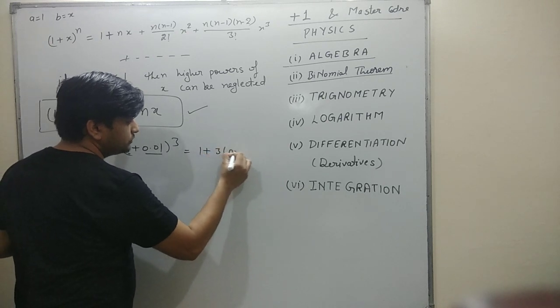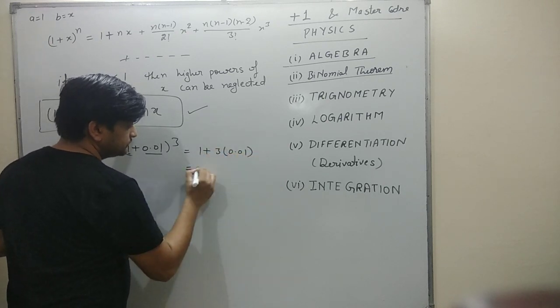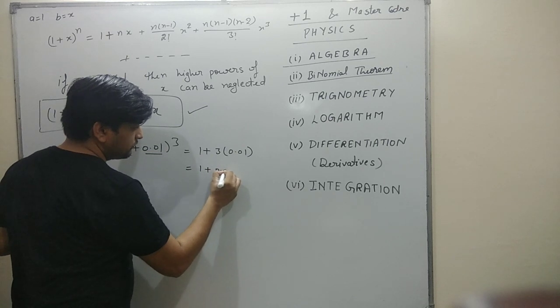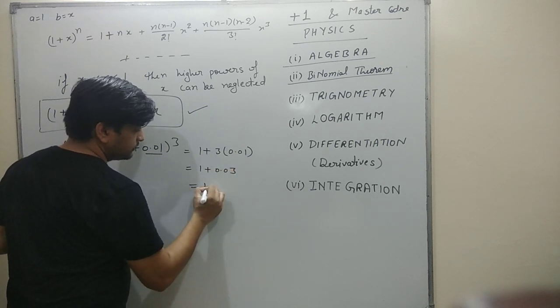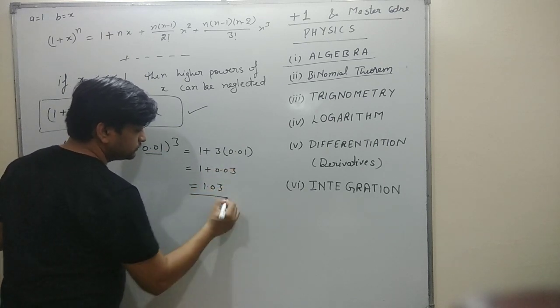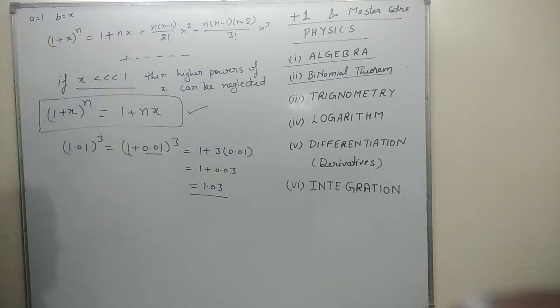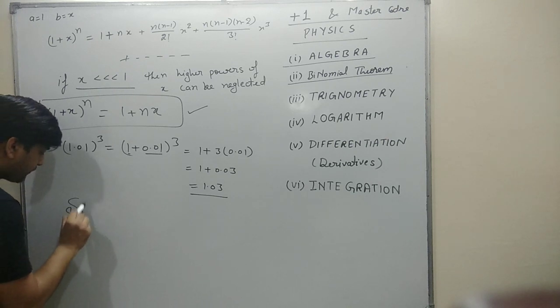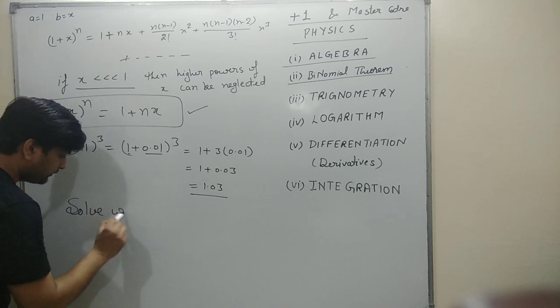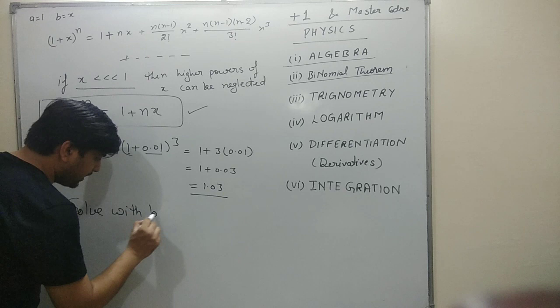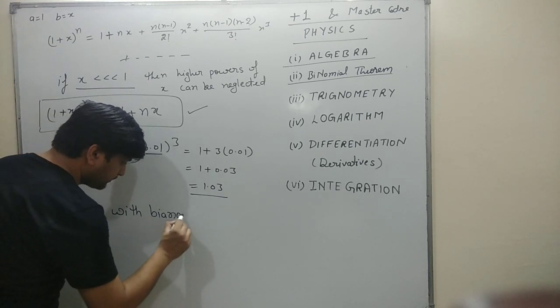1 plus 3 into 0.01, very easy. So you have to solve with the binomial theorem.